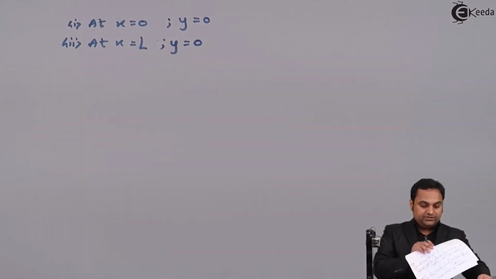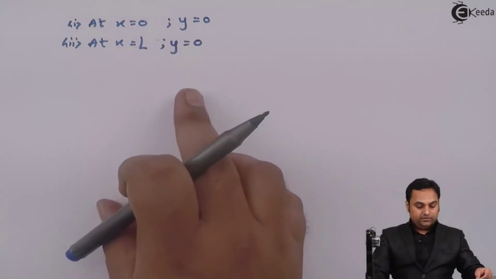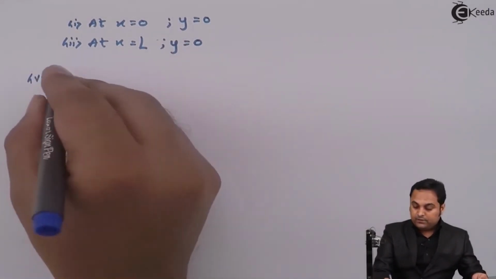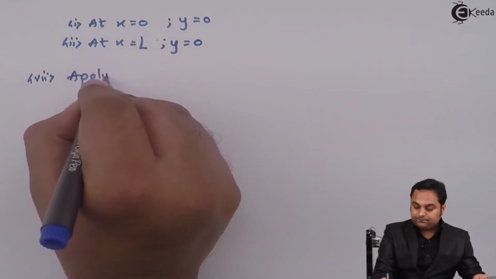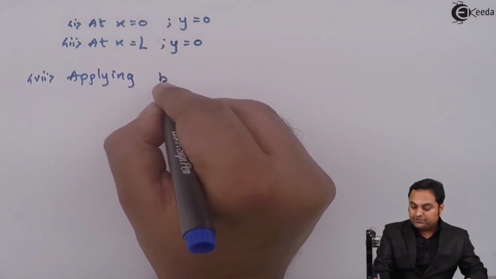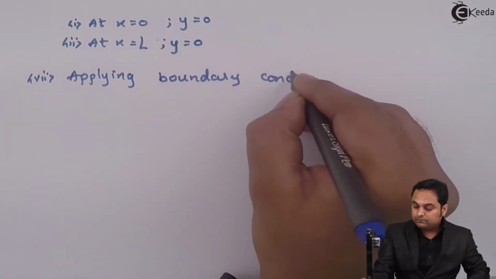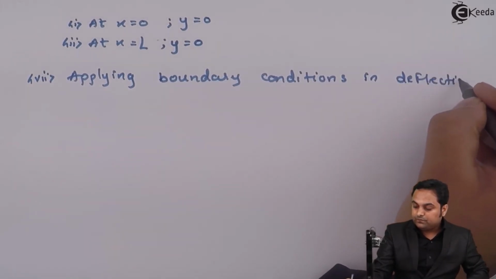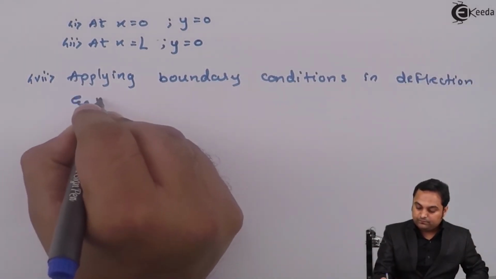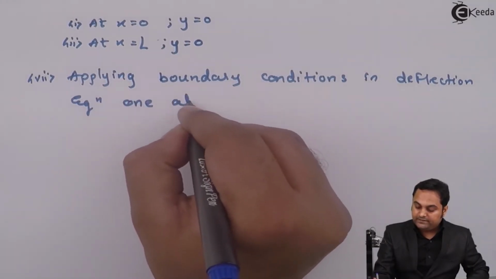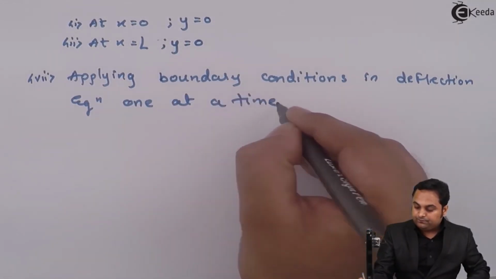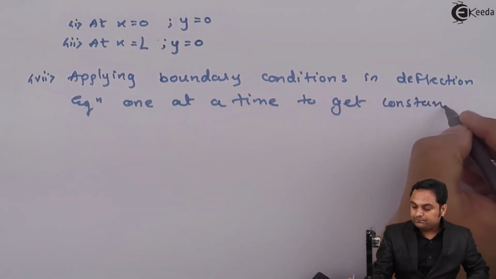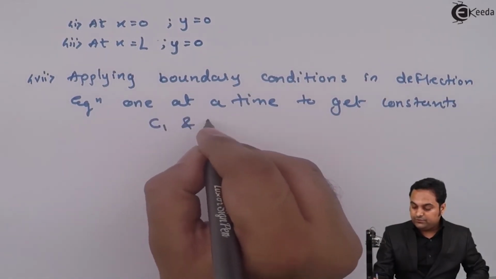So after reaching here, the next step, step 7, is applying boundary conditions in the deflection equation one at a time to get constants C1 and C2.